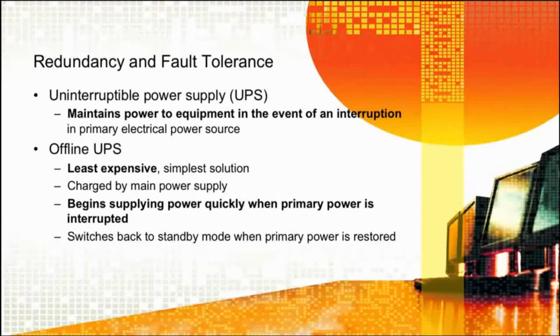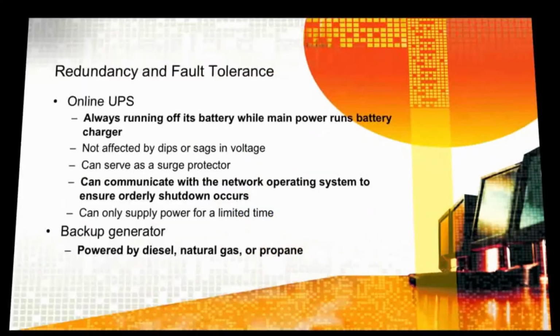Next are UPSs, or uninterruptible power supplies. They maintain power to the equipment in the event of an interruption. You have a couple choices, either offline UPSs, which are the least expensive, which begin supplying power quickly when the primary power is disrupted, or online UPSs.